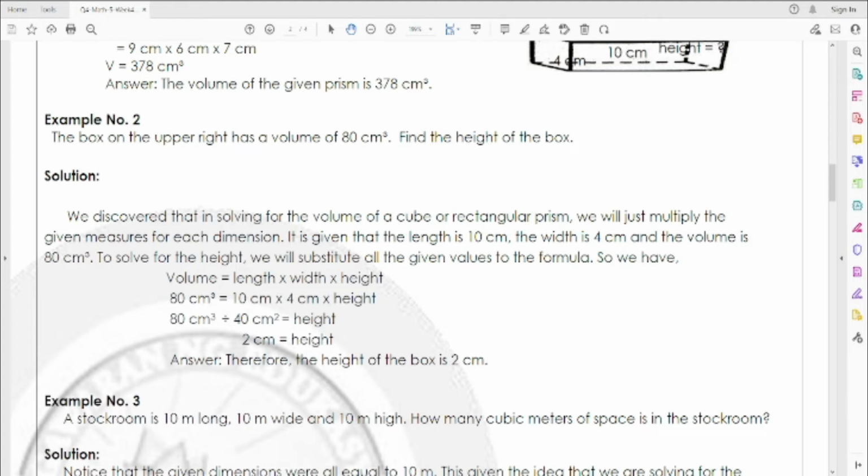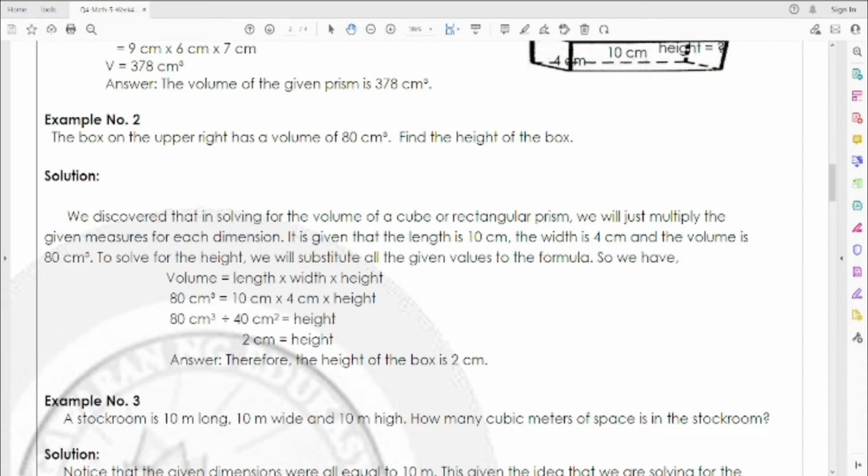So we have volume is equal to length times width times height. So we have volume, which is 80 cubic centimeter. We have our length 10 centimeter times our width, which is 4 centimeter. So this time we have no height to multiply.